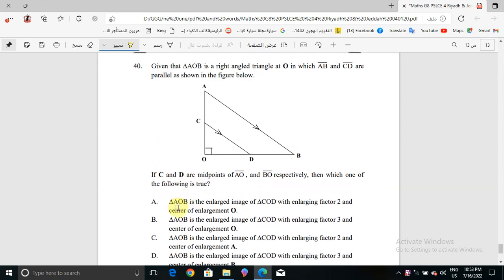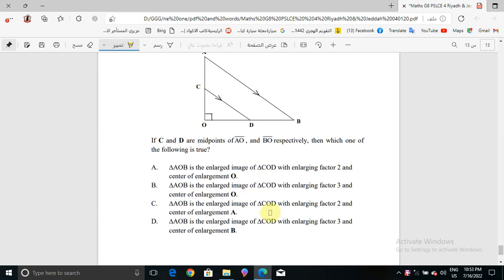Angle AOB is the enlarged image of angle COD with enlarging factor 2 and center of enlargement O, or with enlargement factor 3 and center of enlargement O, or with factor 2 and center of enlargement A, or with factor 3 and center of enlargement B.